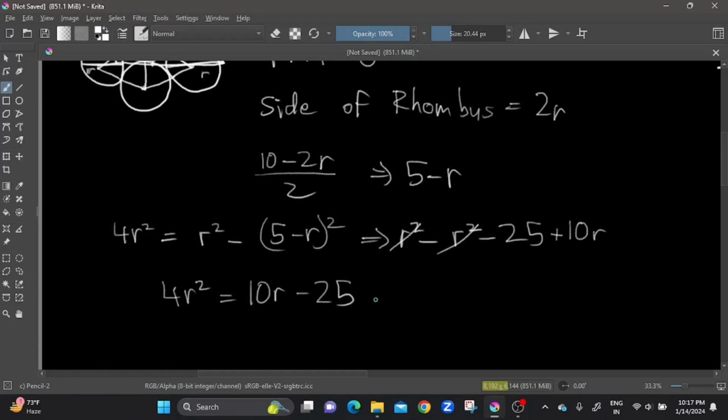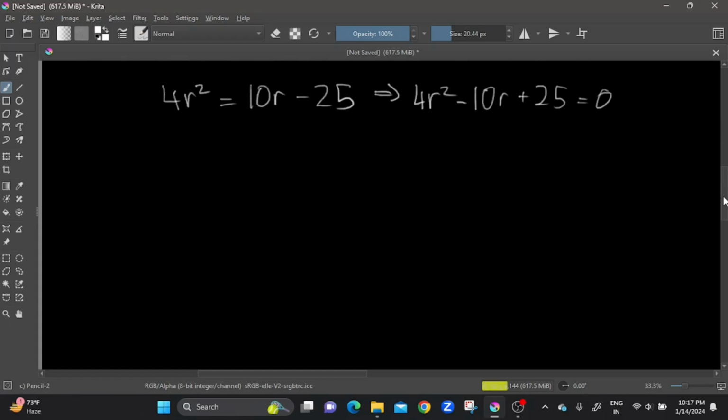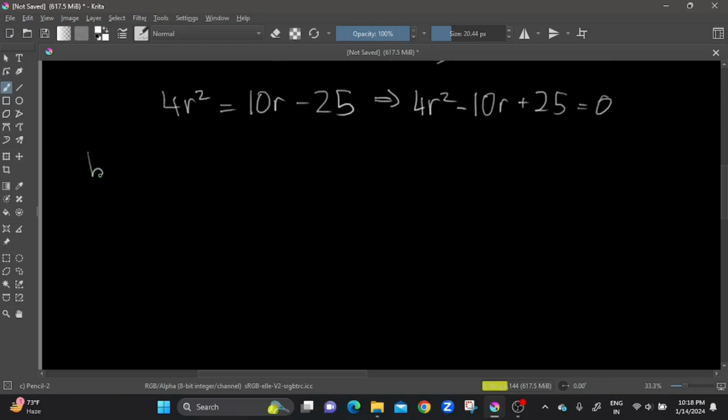And you're basically going to have to use the quadratic formula for this. There's no real other way to solve this equation. But let's just do that real quick, right? And take the quadratic formula: minus b plus or minus root of b squared minus 4ac, by 2a. It's been a while since I've used the formula.